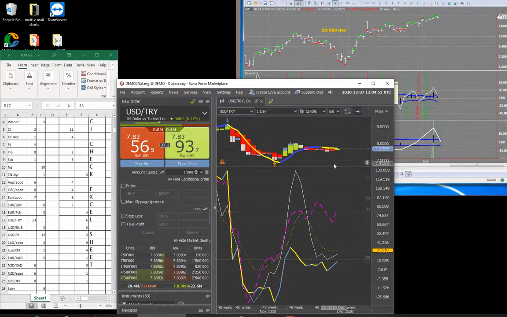We're getting some bad data feeds around here. And I'm seeing an offer of 7.13. None of that's making any sense here. So our currencies are really wacko at the moment, and I would trust the Dukascopy before I would trust ours here in the States.